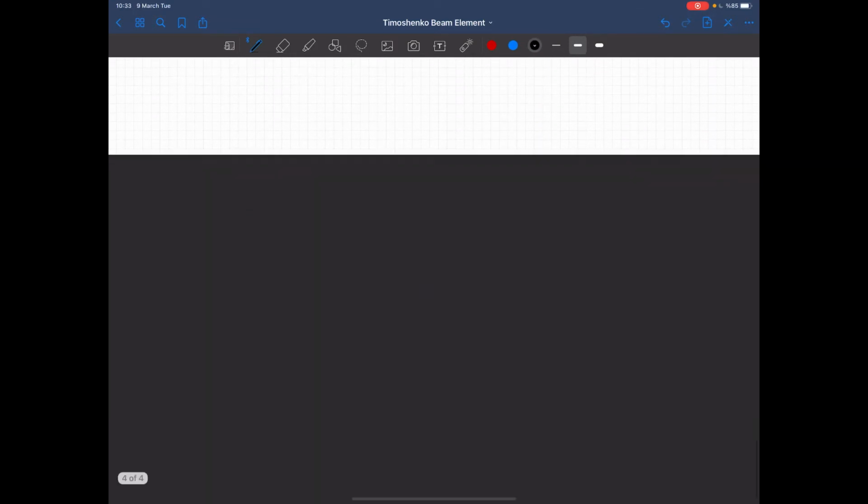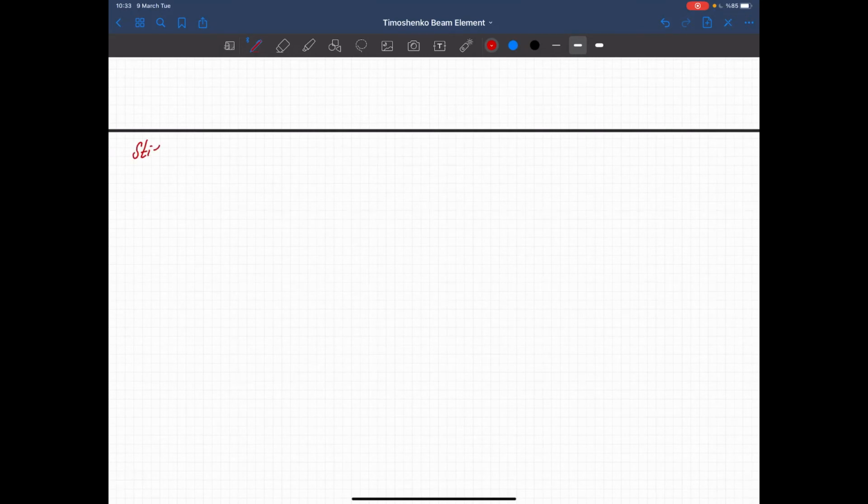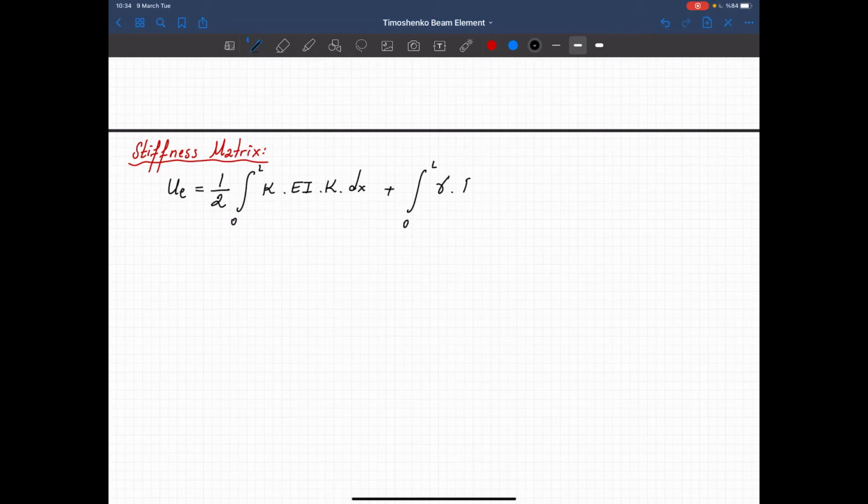Now let's take a look at how we calculate the stiffness matrix. So I'm taking a look at the internal strain energy, 1 over 2 from 0 to L, curvature multiplied by EI times curvature dx plus from 0 to L the shear strain multiplied by G times AS times shear strain times dx.